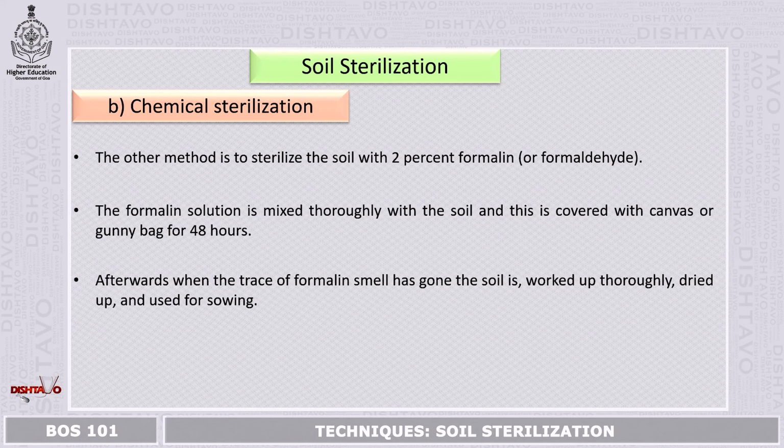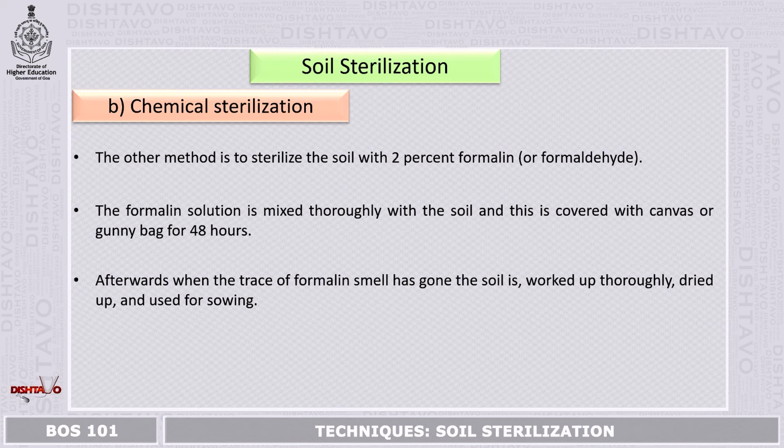Next process is chemical sterilization. In soil sterilization, the sterilization is done chemically. The other method is to sterilize the soil with 2% formalin or formaldehyde.